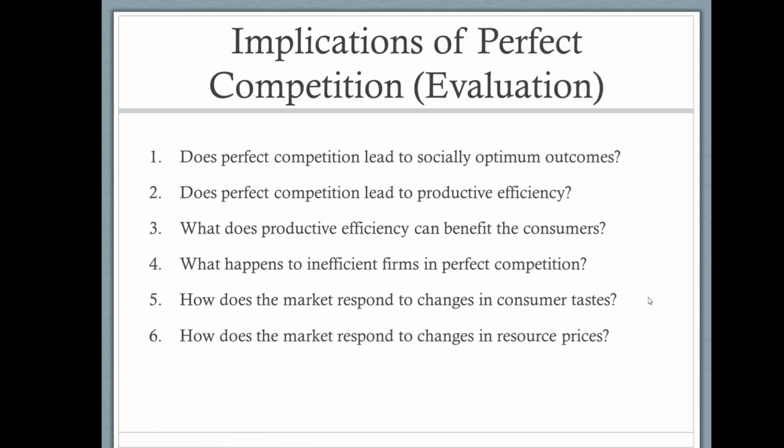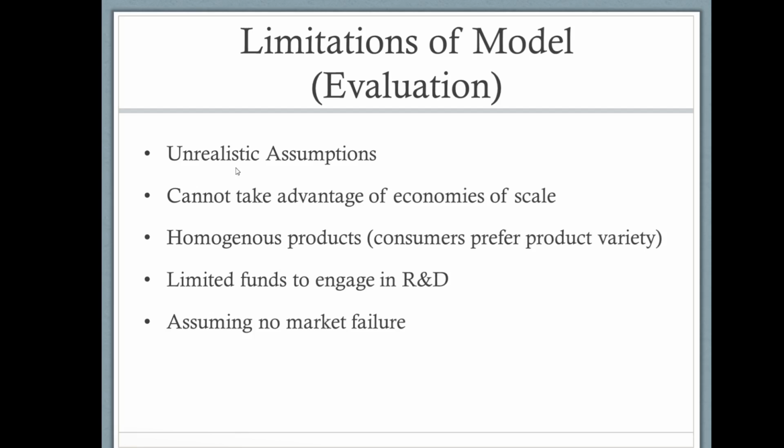And so very quickly, when we look at the limitations, in summary, I can tell you, all the limitations here are because of the assumptions. That's why we have the limitations. So first of all, take a look at this.